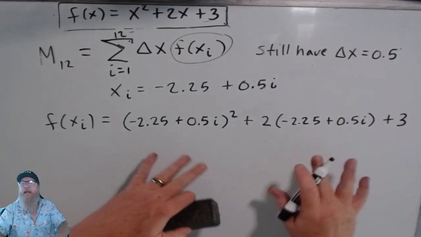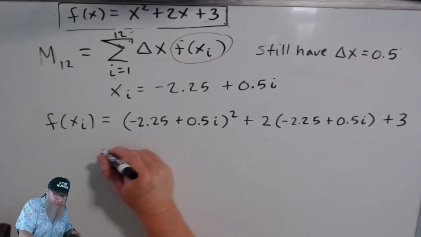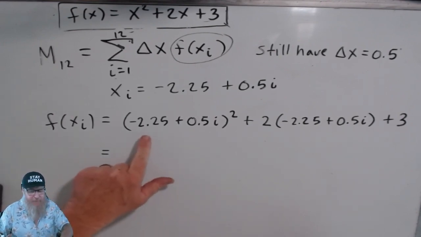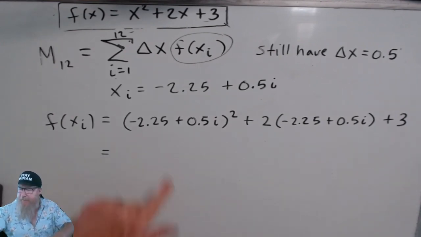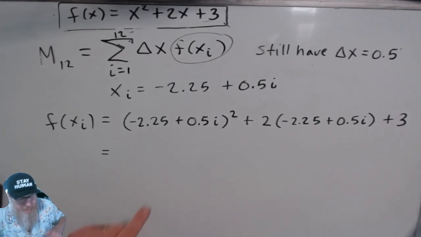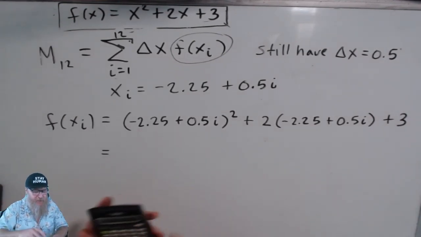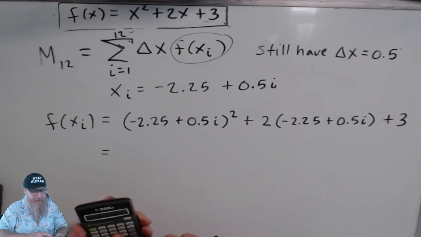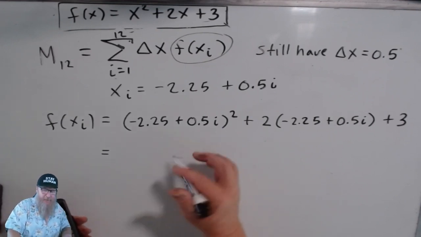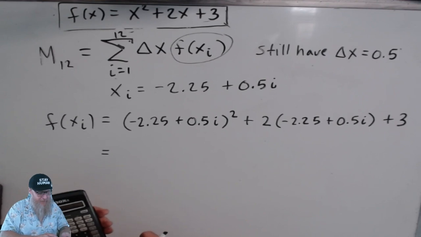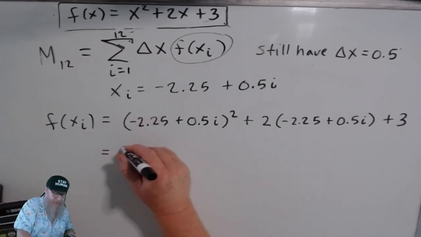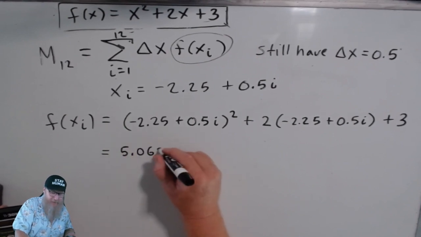And again, there's a lot of algebra here that you need to review. Or do it all step by step. I've done this several times. So I've got negative 2.25 squared. Use a calculator if necessary. So negative 2.25 squared is 5.0625.